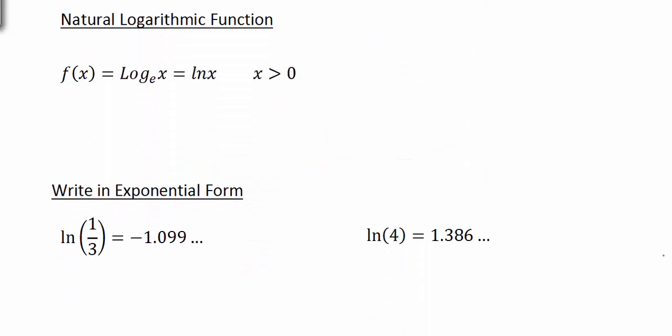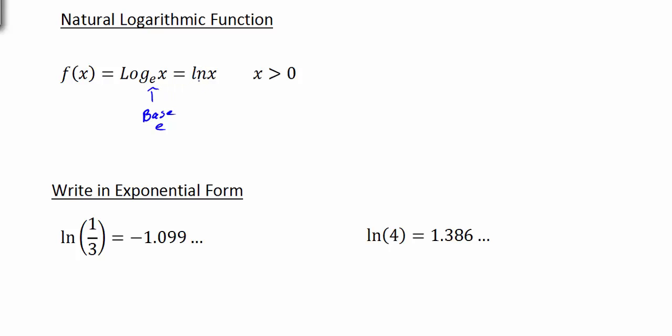All right, now we talked about the natural base e. Well, now we're going to have the natural logarithmic function. And you can see here that, once again, we have our base e. And because this occurs so much in natural situations, we actually have a notation for this.